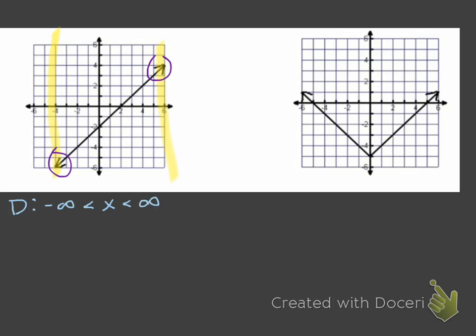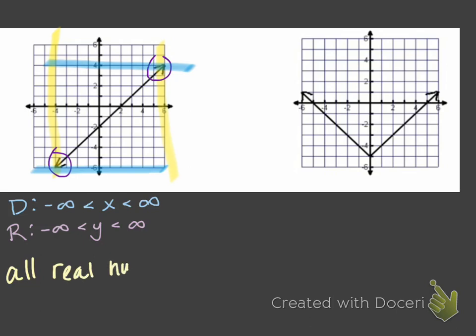So we have negative infinity is less than all of our x values of our function, which is less than positive infinity. And our range, once again, if we box in our function, we run into both of those arrows as well. So our range is going to start at negative infinity and cover all of the y values till positive infinity. And once again, this is called all real numbers.